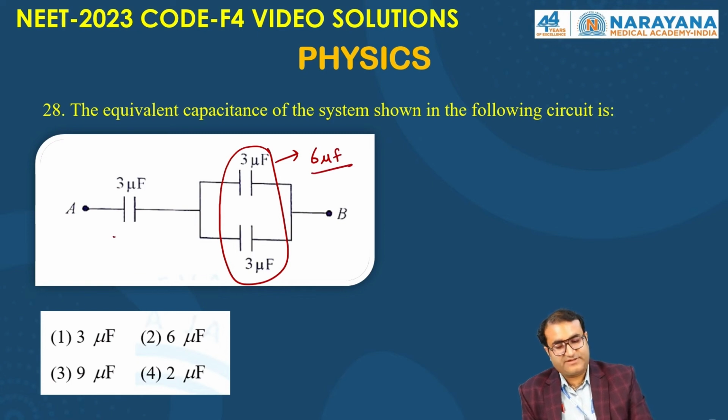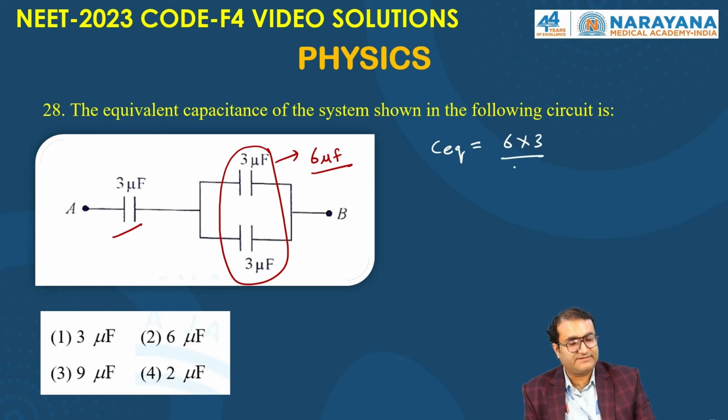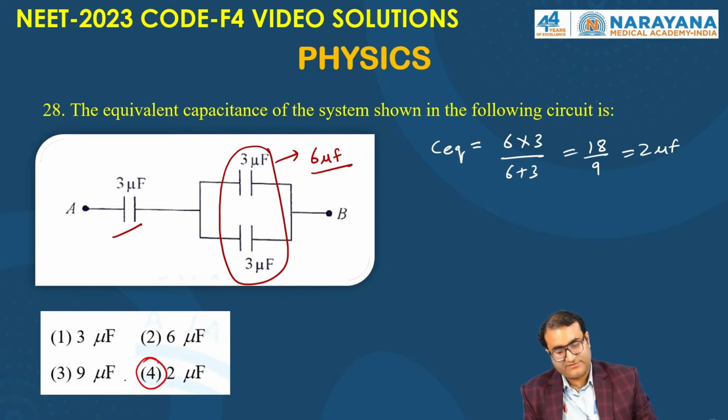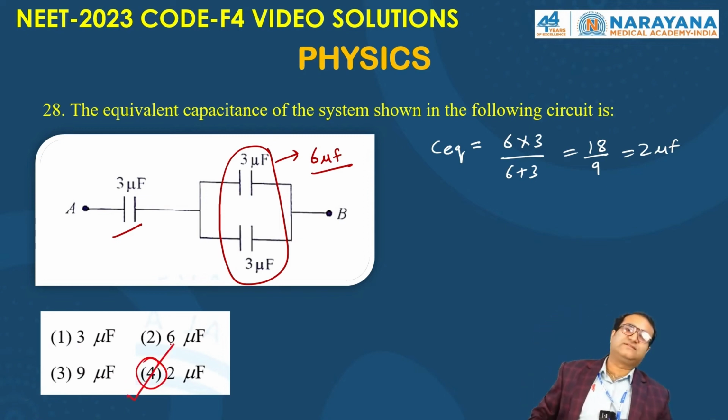The 6 microfarad and 3 microfarad both are in series combination. So C equivalent we can write directly 6 into 3 by 6 plus 3, which is 18 by 9, which is 2 microfarad. We'll go with the fourth option as the answer.